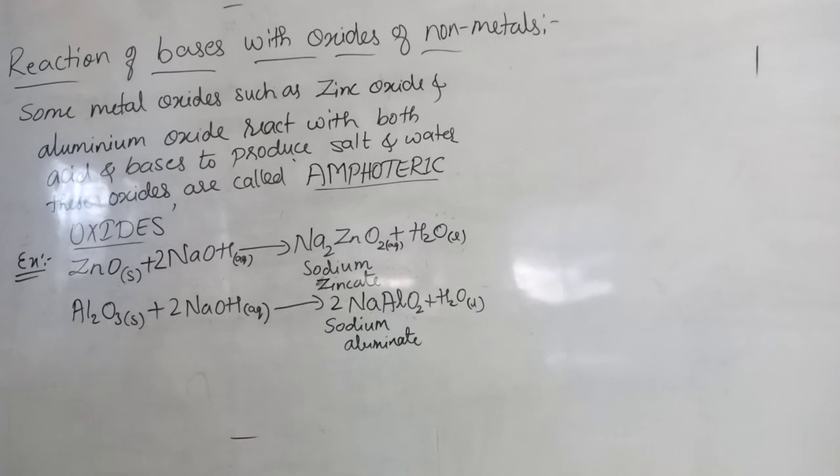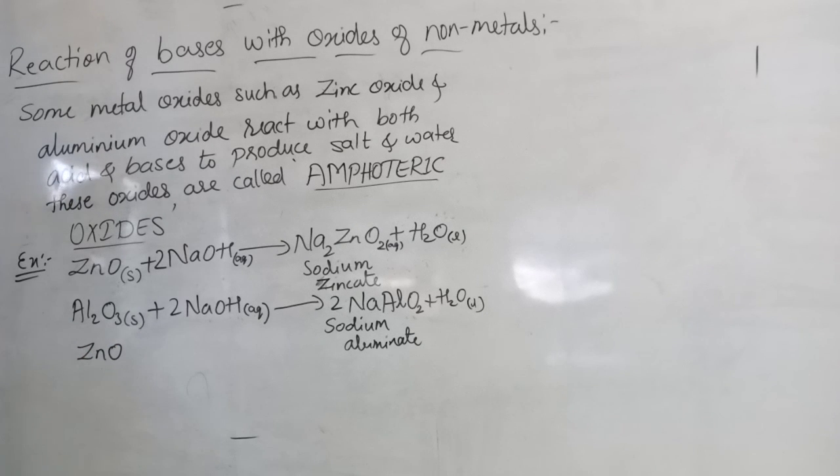In the previous class we studied these reactions with respect to acid: zinc, zinc oxide and aluminum oxide with acid. I gave you Zn plus H2SO4, which forms zinc sulfate, ZnSO4.